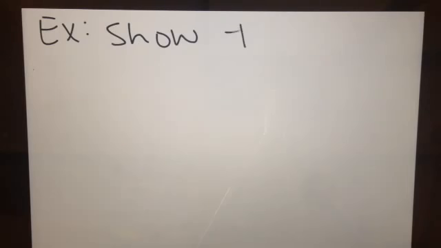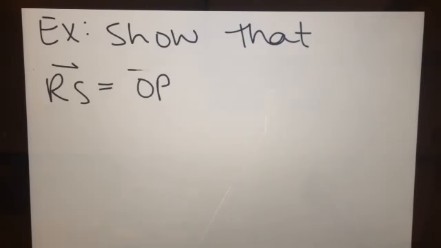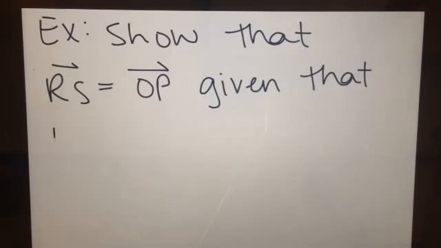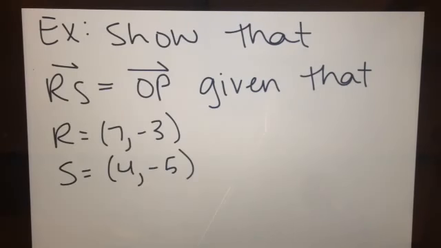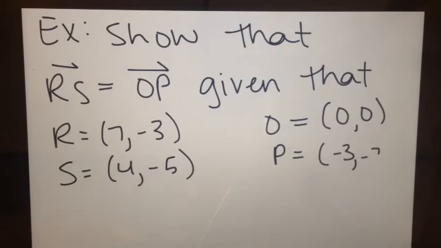So for example, show that vector RS equals vector OP, given that R is (7, -3), S equals (4, -5), O equals (0, 0), and P equals (-3, -2).